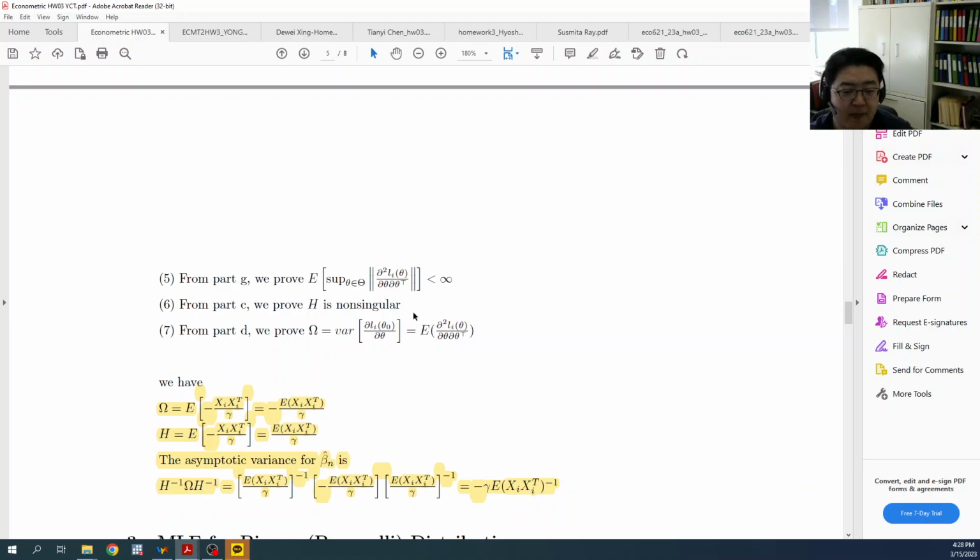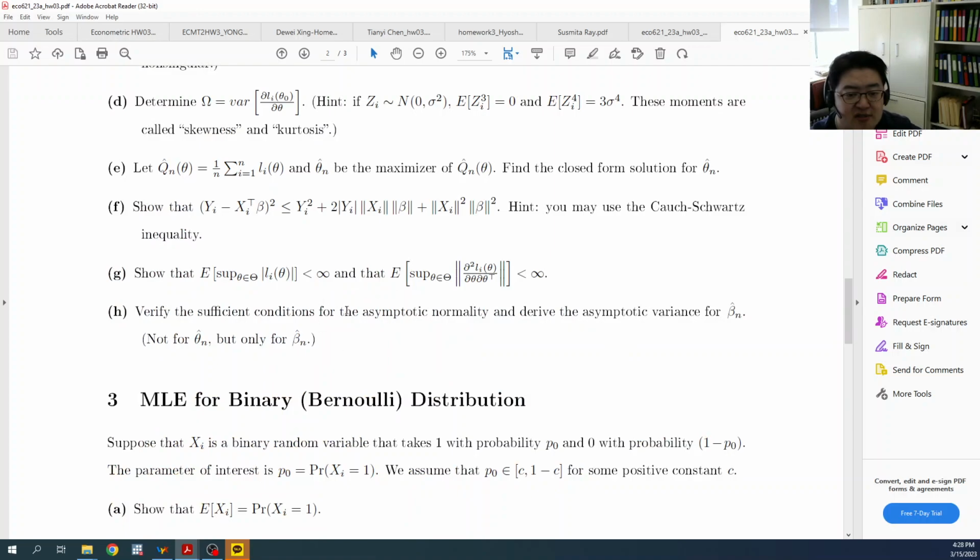By the way, what I had to point out here is that it is only for beta, because gamma is a variance estimator and it is actually non-standard. You may use asymptotic normality for the variance estimator, but that's not the standard way because it will follow an F distribution or chi-square distribution.